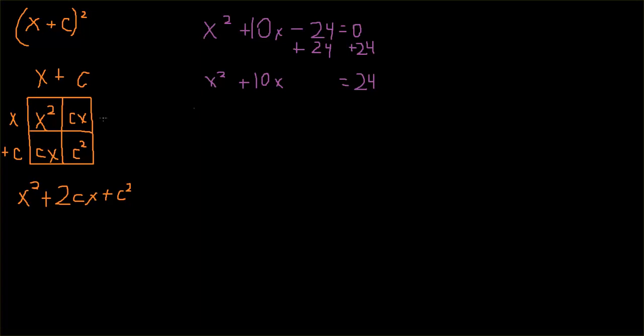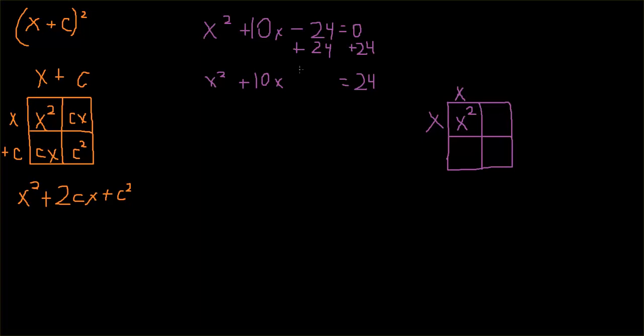So we need to figure out what this will split into. Using my area model, we'll pretend that's a square. We know that x squared comes from being x times x. So that's a great start. We've already got our x squared taken care of.